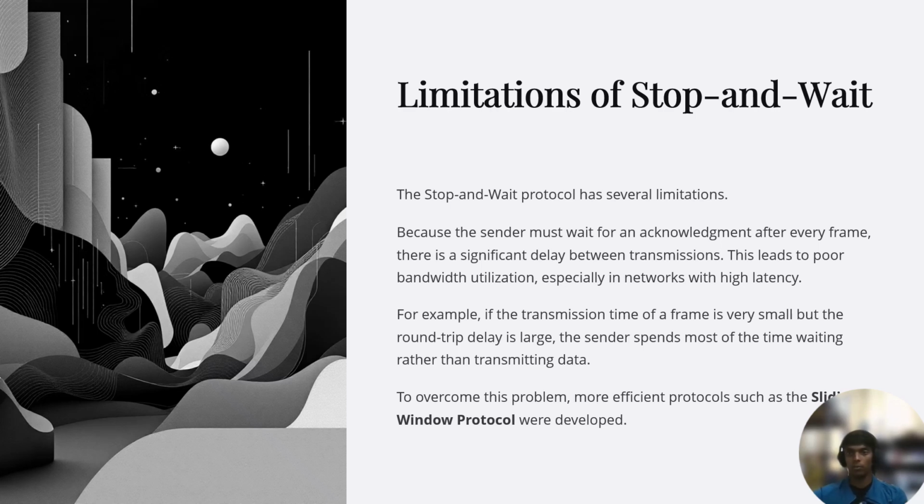This problem becomes more serious in networks where the round trip delay is large. For example, if the transmission time of a frame is very small but the acknowledgement takes a long time to return, the sender remains idle most of the time. This leads to poor bandwidth utilization. To solve this inefficiency, more advanced techniques such as the sliding window protocol were developed.